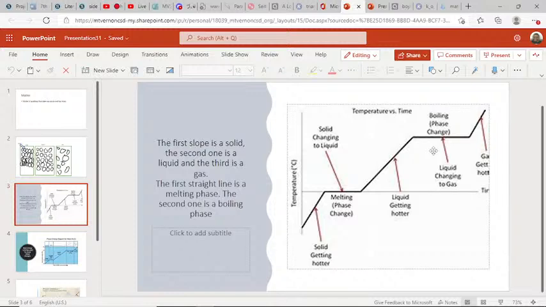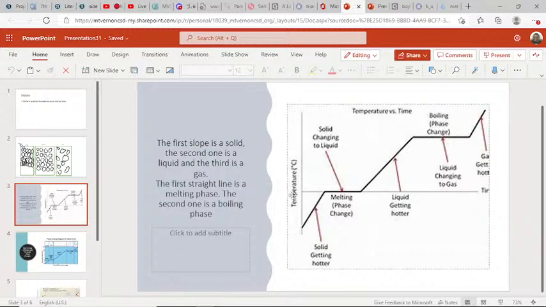But how do you change the phases? One of the ways you do it is by adding heat. Temperature is like a measure of that heat. We don't really use cold in terms of science.